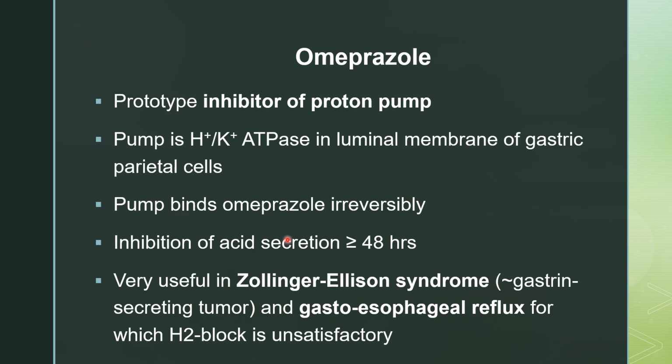So there will be no hydrogen ion to produce your stomach acid, that is your hydrochloric acid. You will inhibit the formation of hydrochloric acid, and this secretion can be prevented for a period of more than or equal to 48 hours.